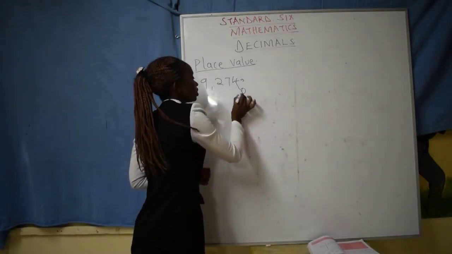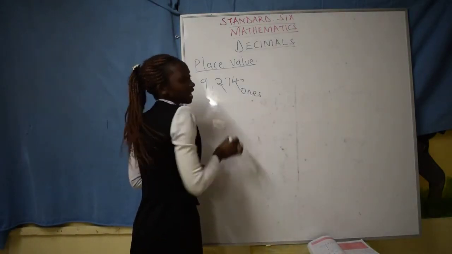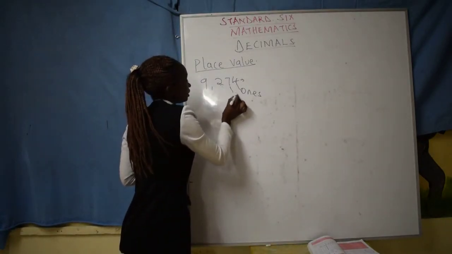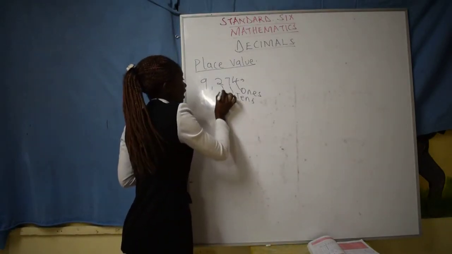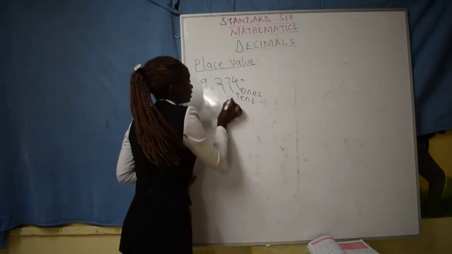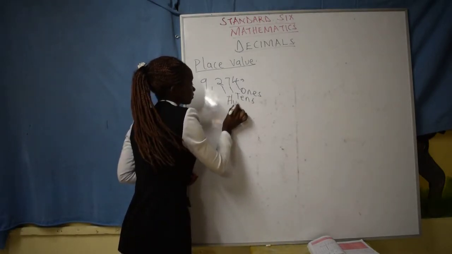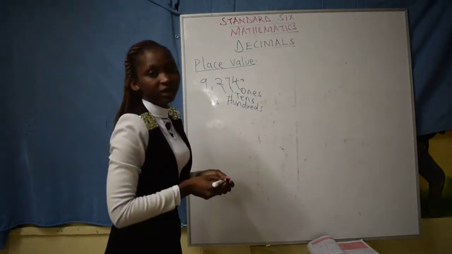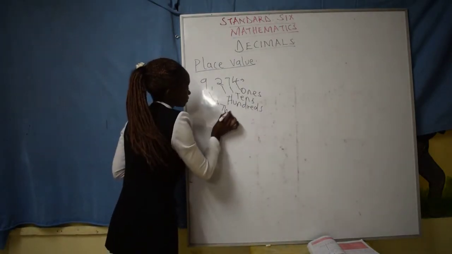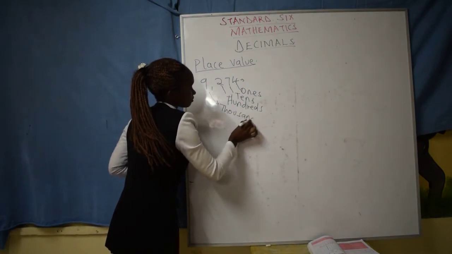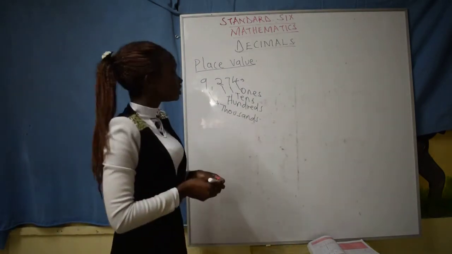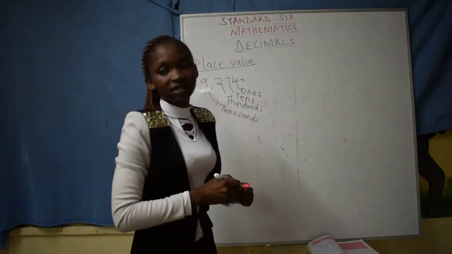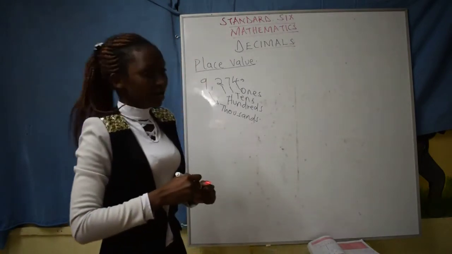Therefore, our 4 shall be ones, our 7 shall be tens, our 2 shall be hundreds, and our 9 shall be thousands. Very good. Therefore, we got 9 thousands, 2 hundreds, 7 tens, and 4 ones.